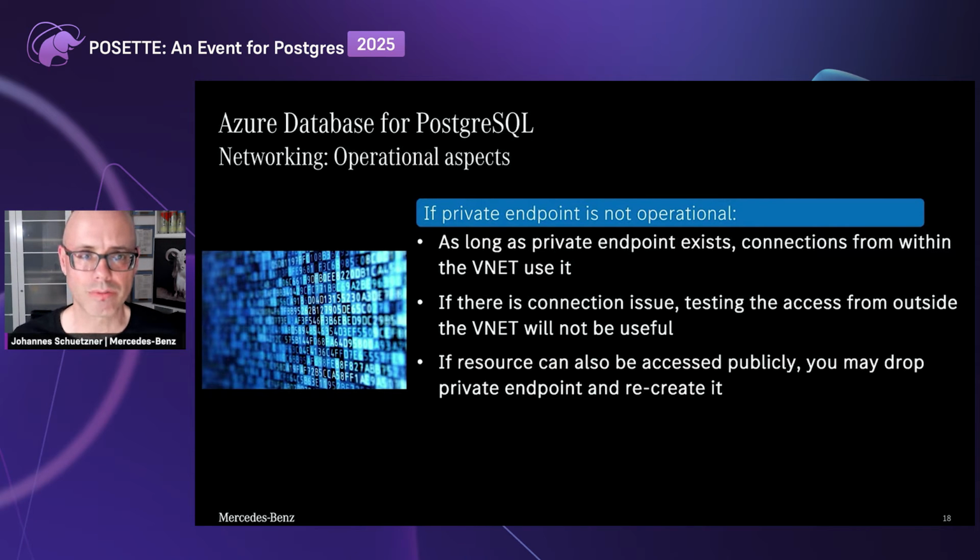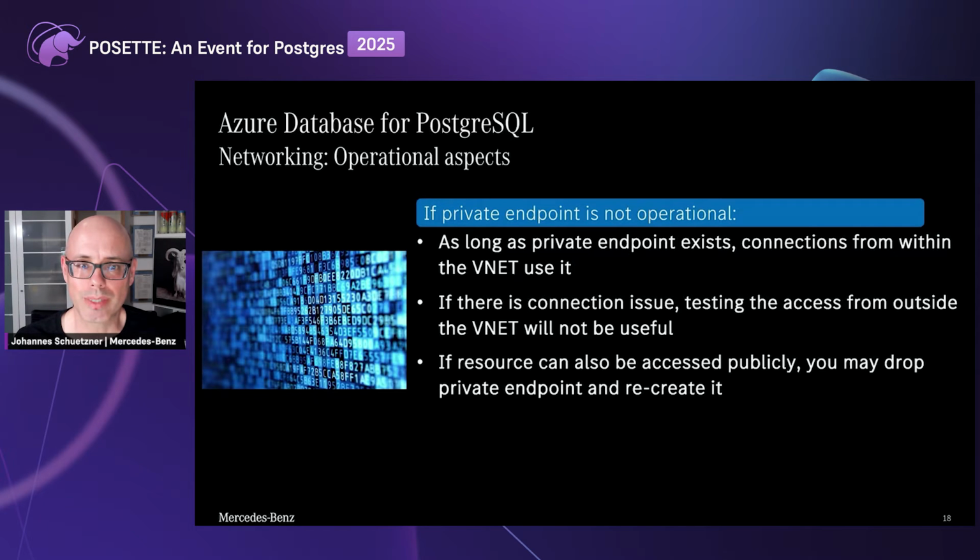Now, it can happen that for some reason a private endpoint does not work anymore, which is not good. But then it can sometimes be tricky to find out what's the matter and how you can analyze the situation.